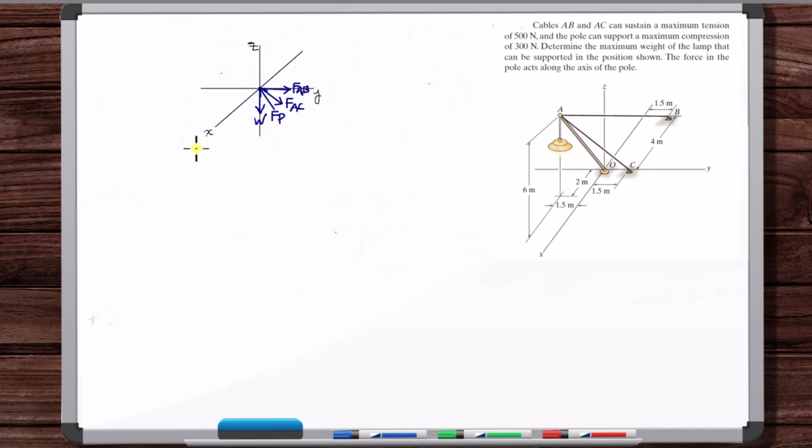All right, so now we want to further define our forces, their magnitudes and directions. The force vector of W is, what? This is negative W k hat, right? Okay, the force vector of the force in the pole.